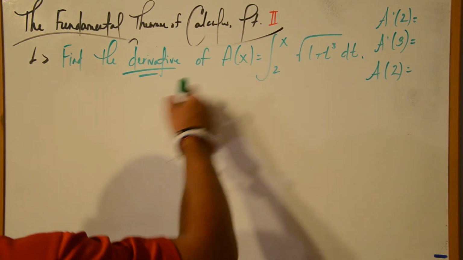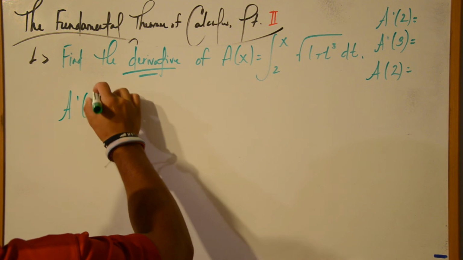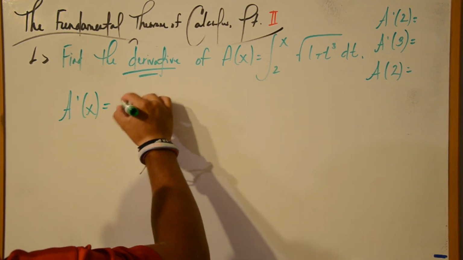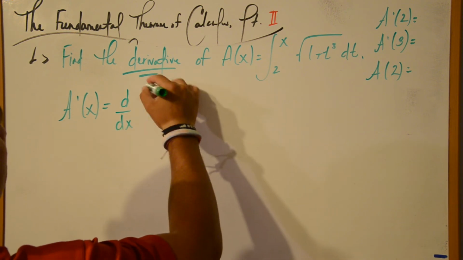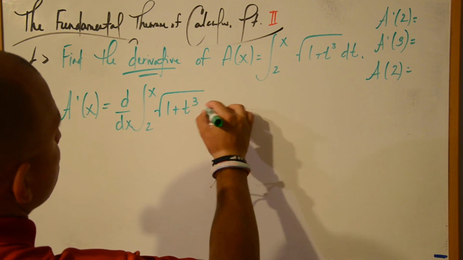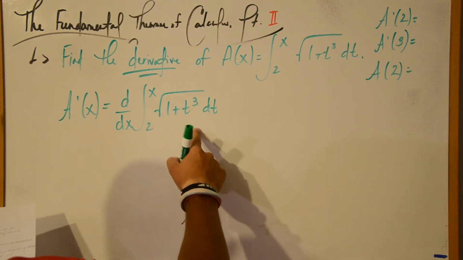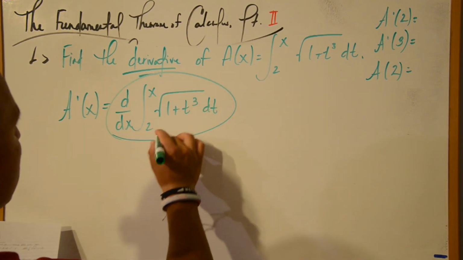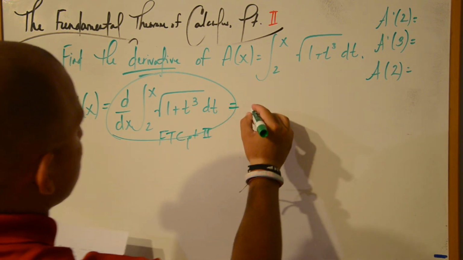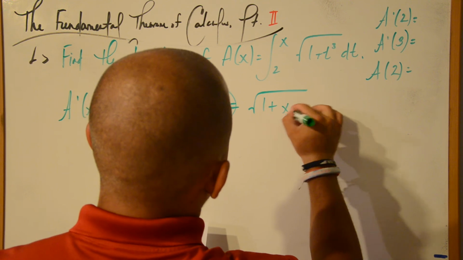Remember, I'm going to derive the left side. The derivative of A of x is A prime of x. I need to derive the right side, so d dx of this definite integral. But FTC part 2 says that this is really just equal to the function in terms of x.